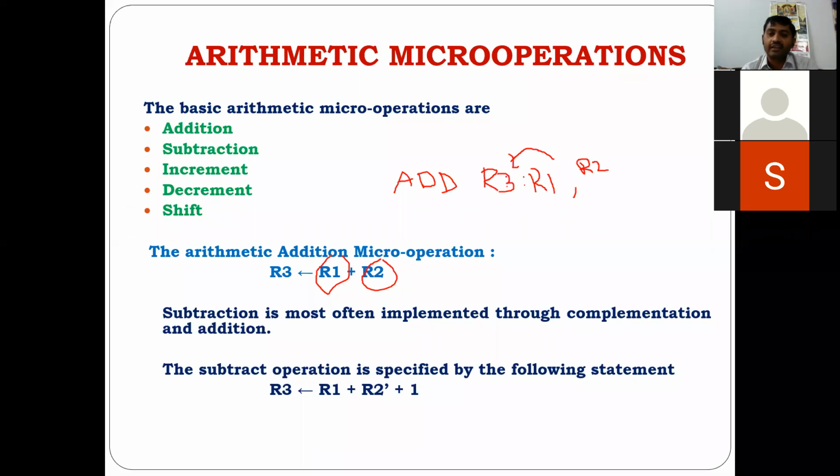Sometimes we'll be writing ADD R1, R2 instead, which means that the contents of R2 will be added with R1 and stored into a register called the accumulator, that we will be seeing later. It is a system register.